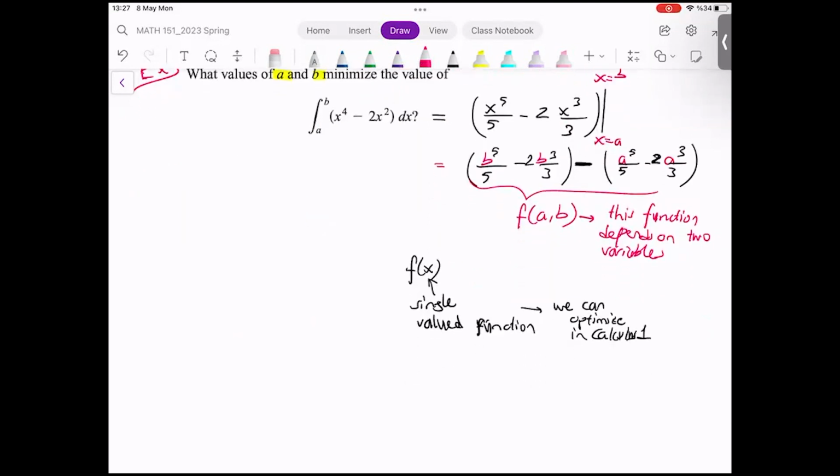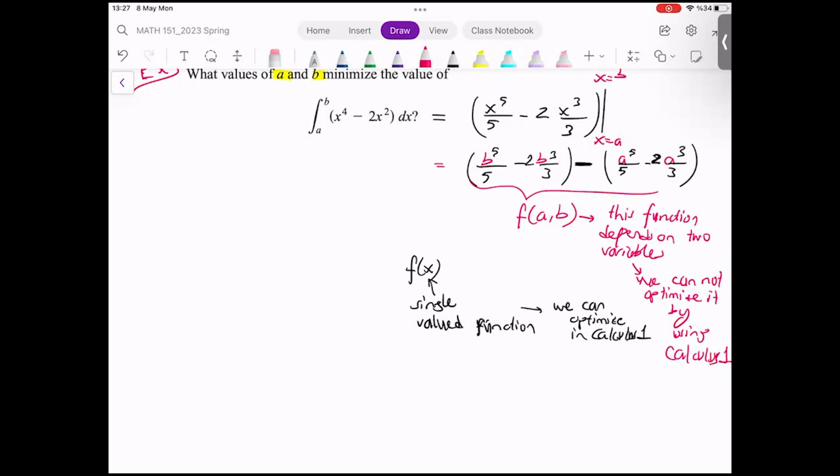It has 2 different parameters inside. That's why we cannot optimize it by using the Calculus 1 course, by using the techniques that we covered last week.